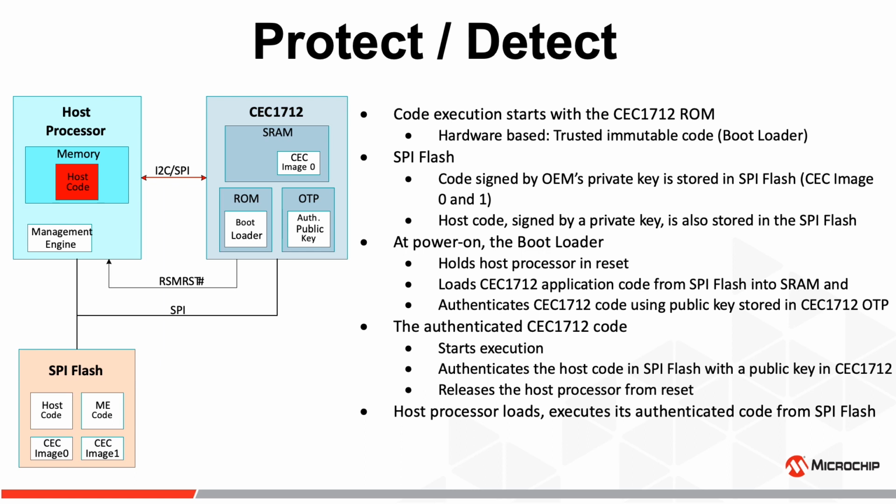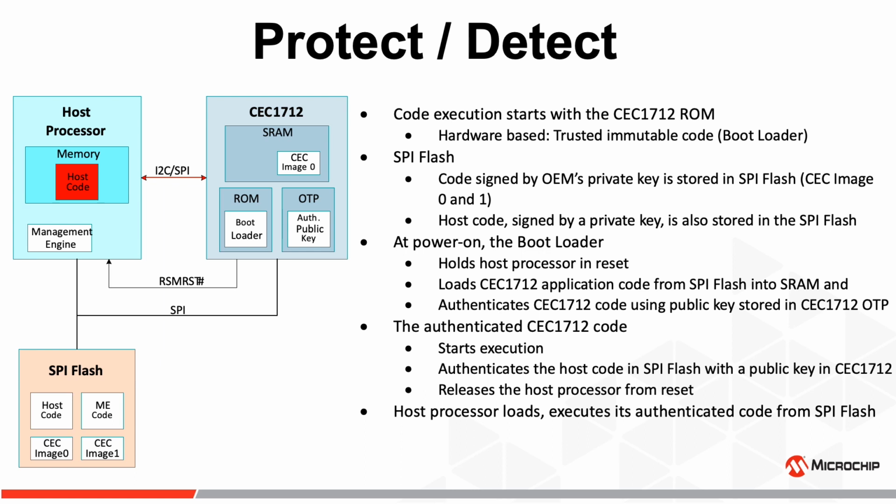In the SPI Flash, you have a lot of different code that has been signed by the OEM's private key. You're going to sign the code that the CEC 1712 will need to run. You're also going to sign the code that the host processor will need to run, whether it's a management engine that you have in your system, or host code that you have in the system, whatever code is required by that host processor to run is what will be signed and stored in the SPI Flash.